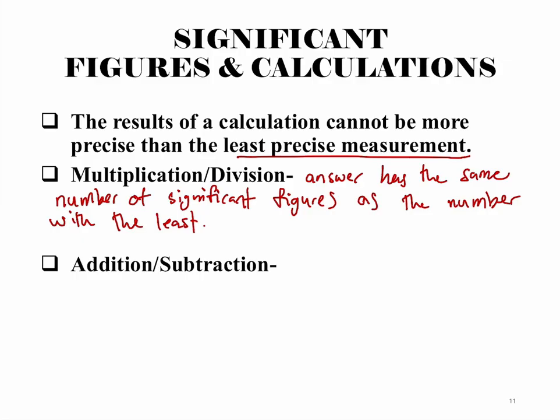All right, so whenever you're multiplying or dividing, you count the sig figs of each of the numbers in your expression, and whichever one has the least is going to give you the number of sig figs in your answer.